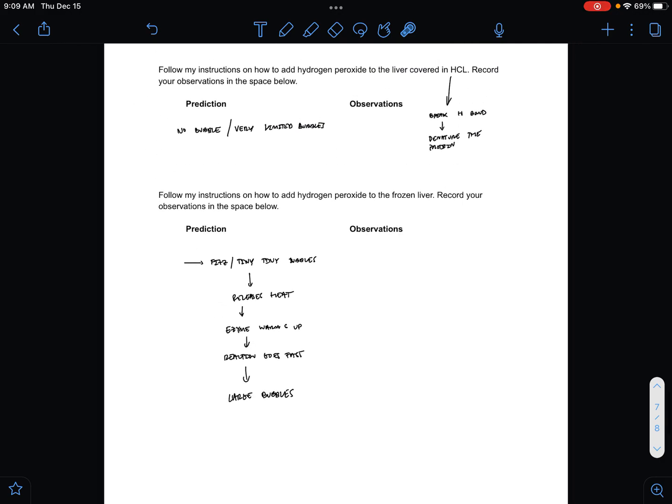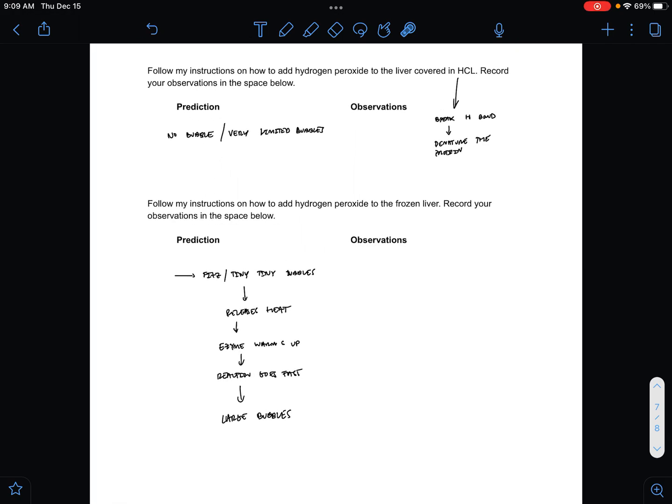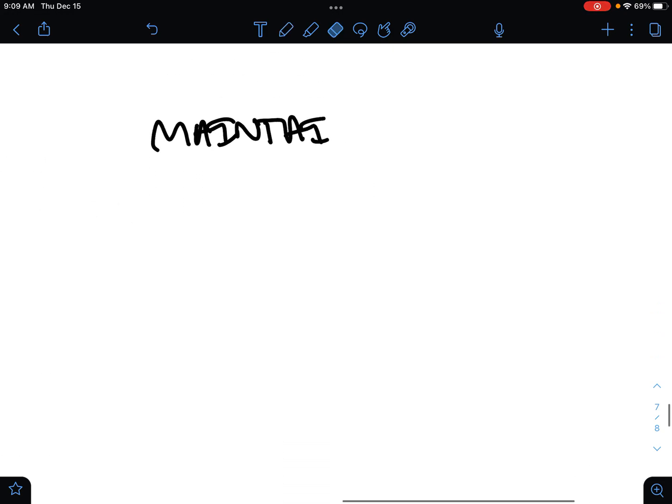Okay, that's it. Hopefully this lab really impressed upon you the importance of enzyme shape and its function and all of the different factors that make it possible for the enzymes to retain their shape or denature their structure. And hopefully you see the importance, in living organisms, of the fact that we need to maintain homeostasis.